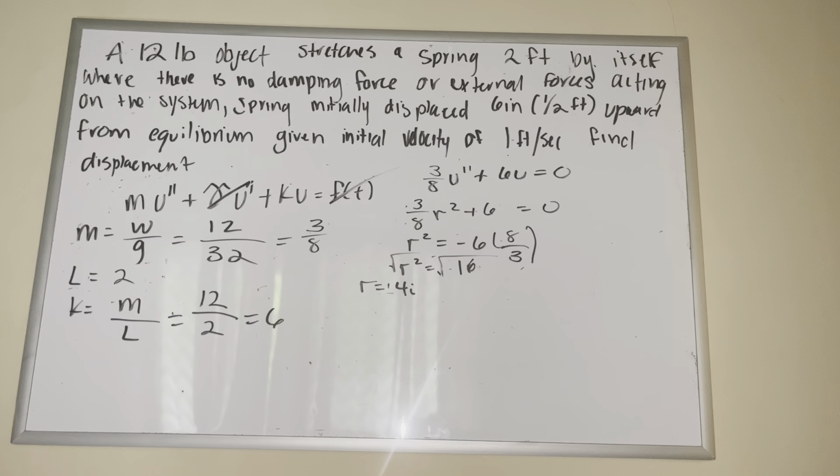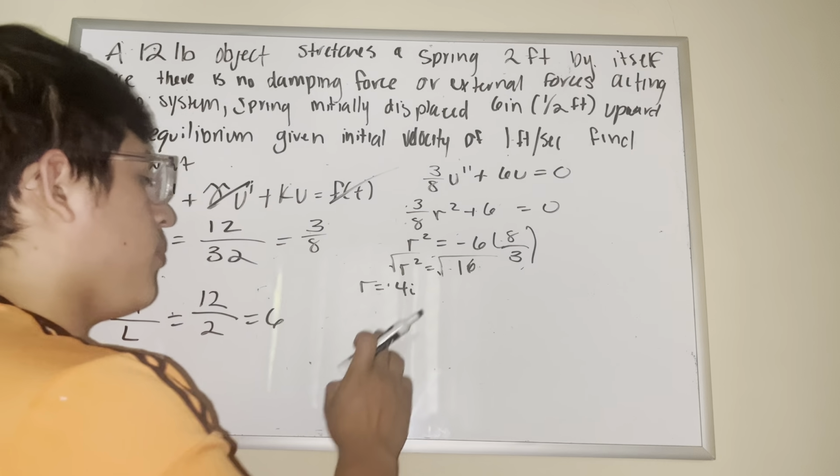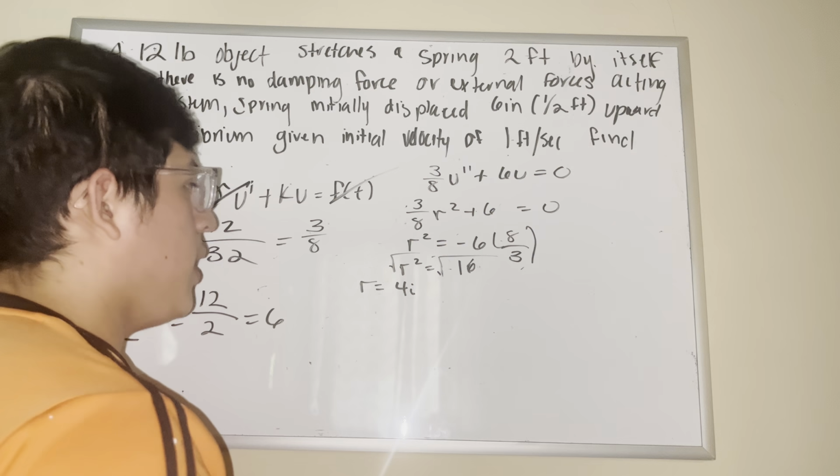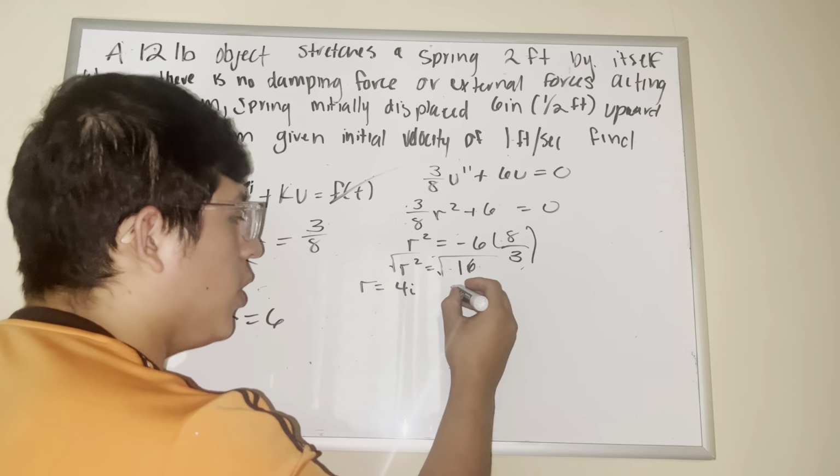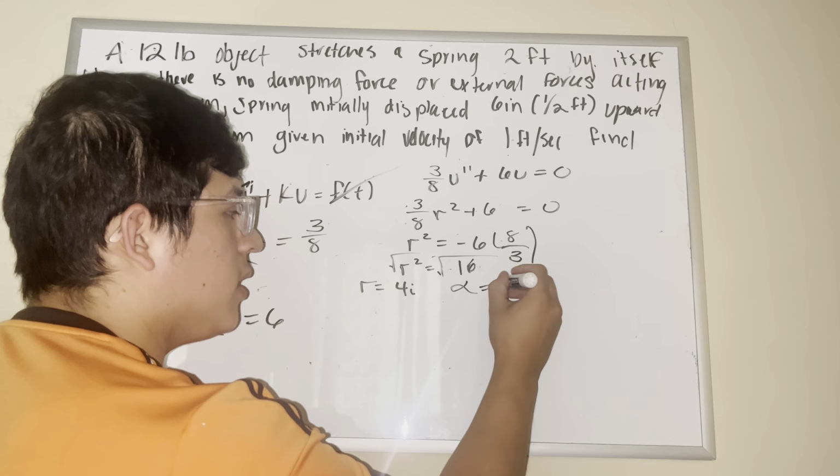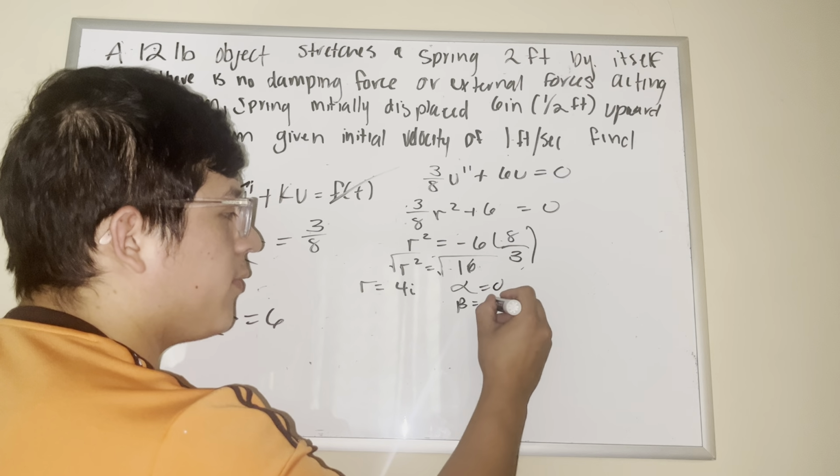So now we have alpha is equal to 0, and our beta is 4.